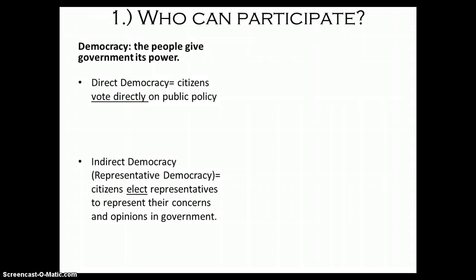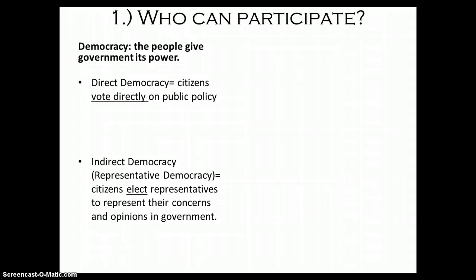A problem with this form of government is that it takes a very long time, and because of the large scale nature of this government, people tend to feel detached from this form of democracy. But this is the type that we have here in the United States, and we elect senators and House representatives who serve in our legislative branch. We also elect our president, who enforces the laws in our country.